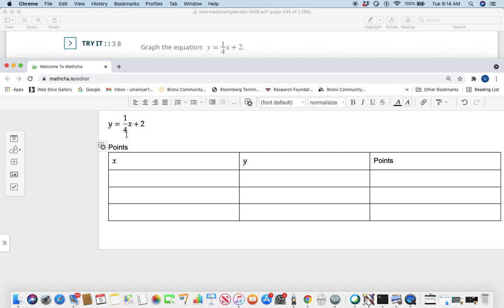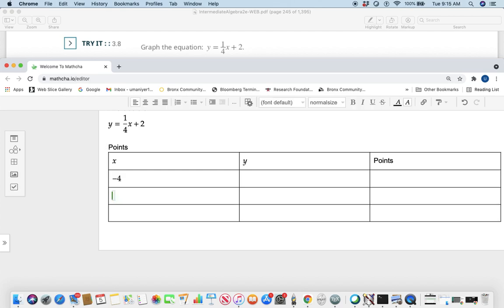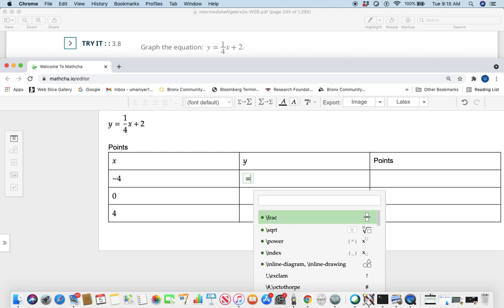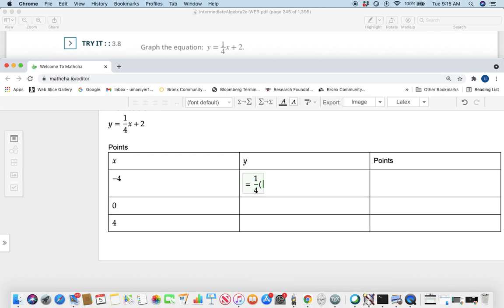For x coordinate, notice the denominator is a 4, so I will take multiples of 4. Alright, -4, 0, 4. What happens to y coordinate? It is fraction 1/4 x coordinate plus 2. Okay, where I see x, I place parenthesis and plug in the x value, -4. So that is -1 plus 2, that is a 1.